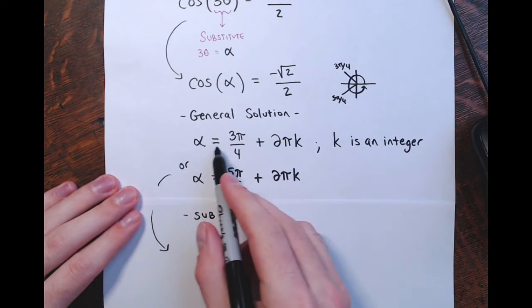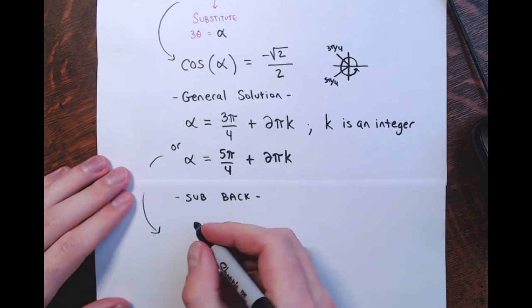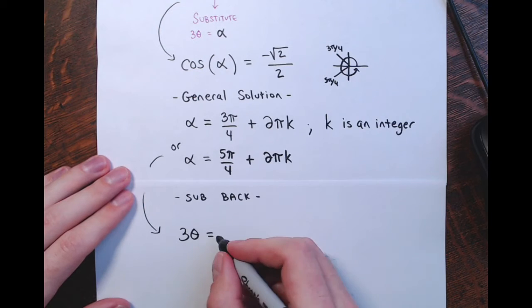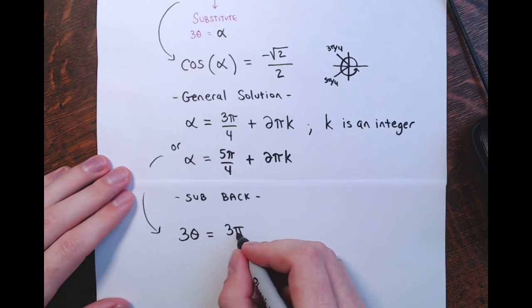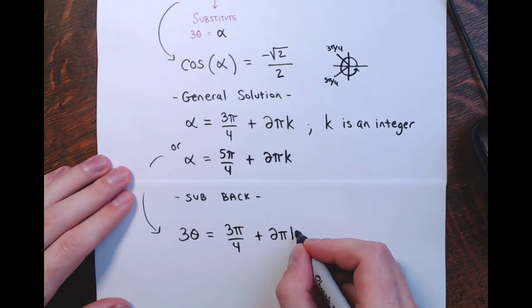So instead of alpha being 3 pi over 4 plus some multiple of 2 pi, we have 3 theta can be 3 pi over 4 plus some multiple of 2 pi, 2 pi k, where k is an integer.